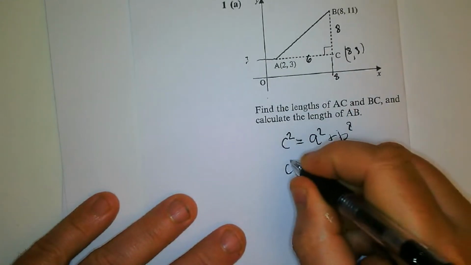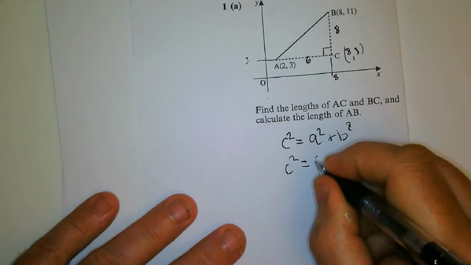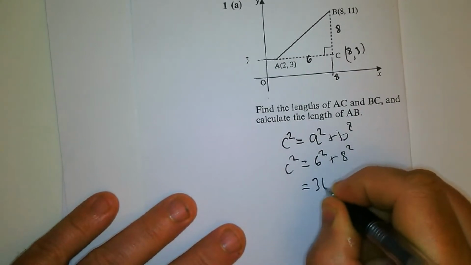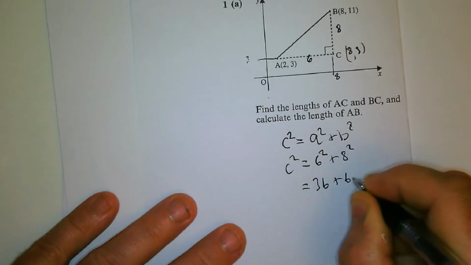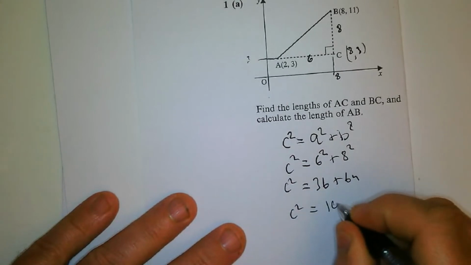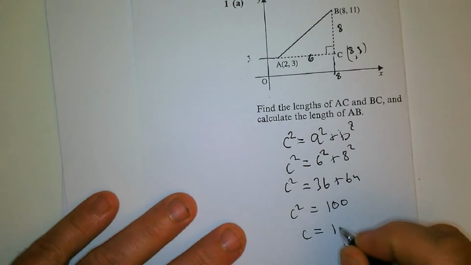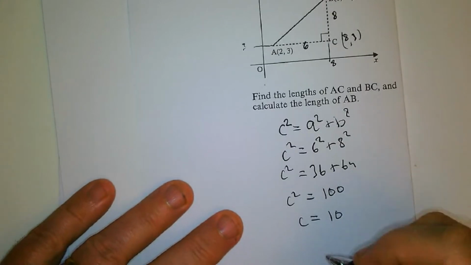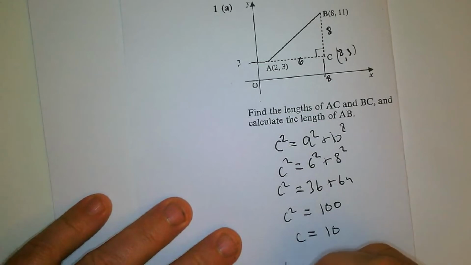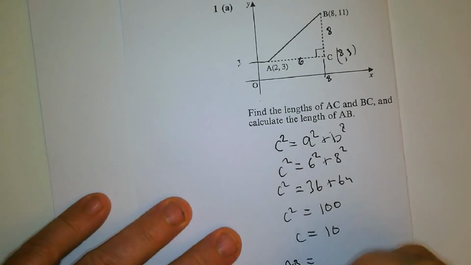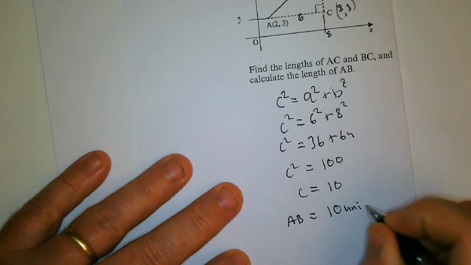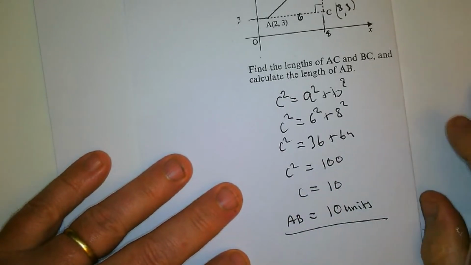And we just sub in the values. And now, there you go, straightforward enough. So the length AB is 10 units.